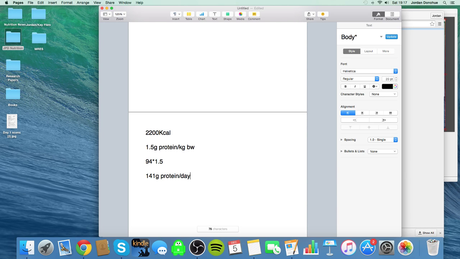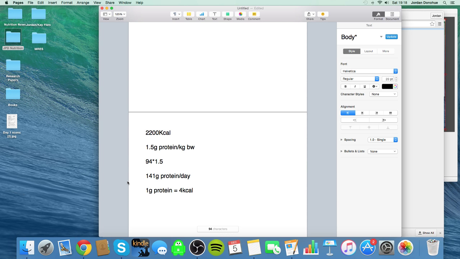So we've sorted out our protein. We know how much protein we want per day. What we then do is we take the calorie value for 1 gram of protein, which is 4 calories, and we figure out the total number of calories coming from our protein intake of 141.